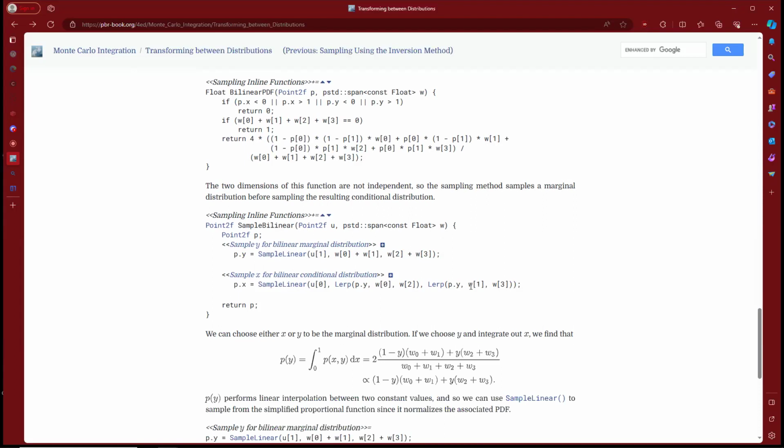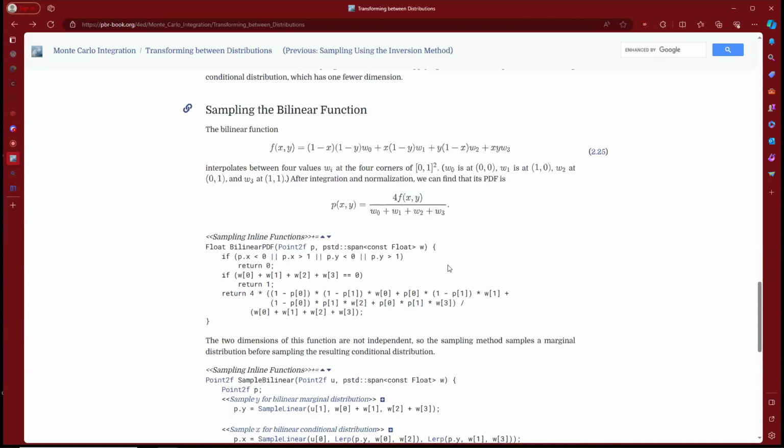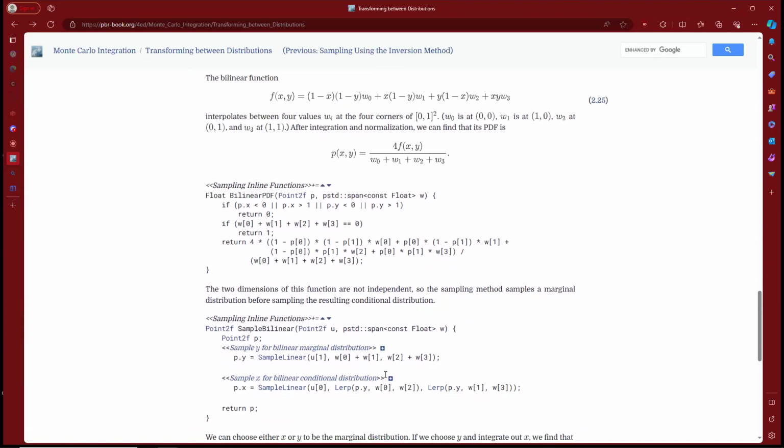So the mix between W0 and W2 is the variation on the y-axis, and then between 1 and 3 is also that. Okay, so this is where the y coordinate changes.